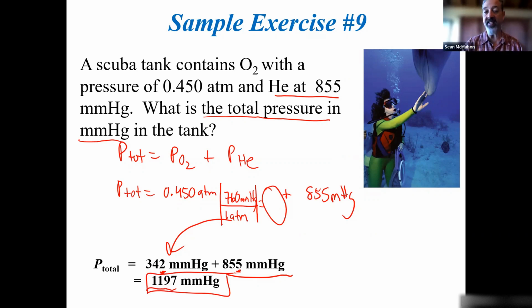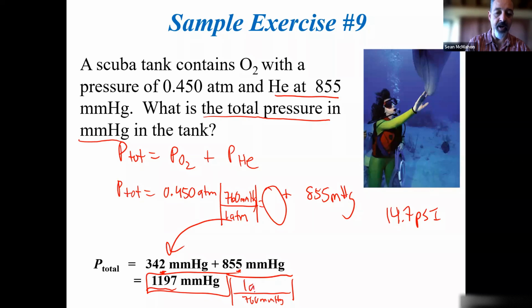Now, if they had asked you to convert this to atmospheres, you could. You could convert this to PSI. I would give those conversions to you, right? So if there's 14.7 PSI in 1 ATM, and you wanted to convert this to PSI, you could say there's 760 millimeters of mercury per 14.7 PSI, because they're both equal to an atmosphere.